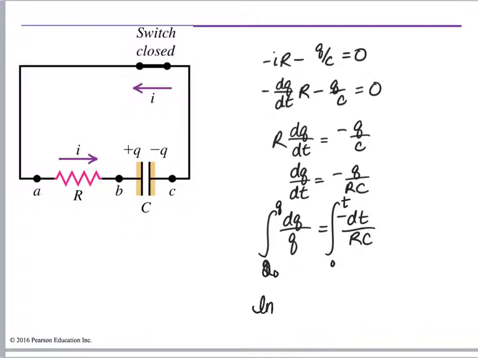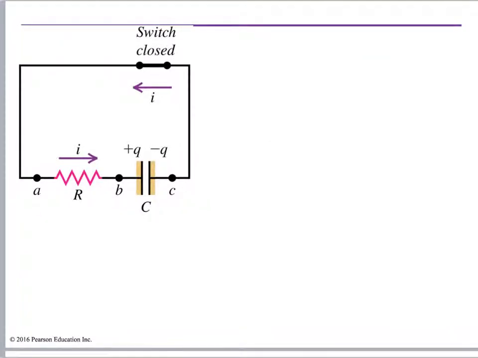This is the natural log of Q over Q naught equal to minus t over RC. That's what we get when we integrate and put in our limits.